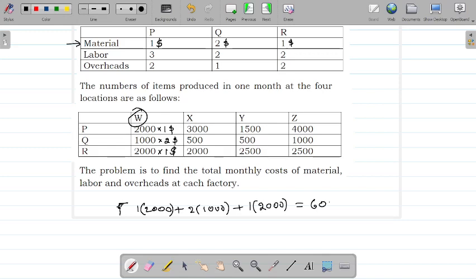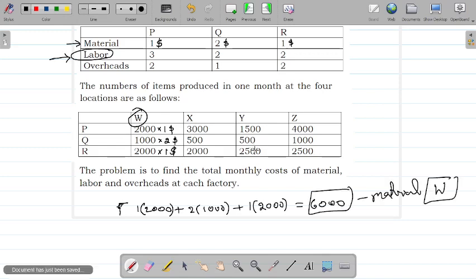Now next, I'd like to see how much I need to spend on labor to produce in this plant Z. So if you want to know the cost, in P you need to spend $3 for each, and there are a total of 4000.